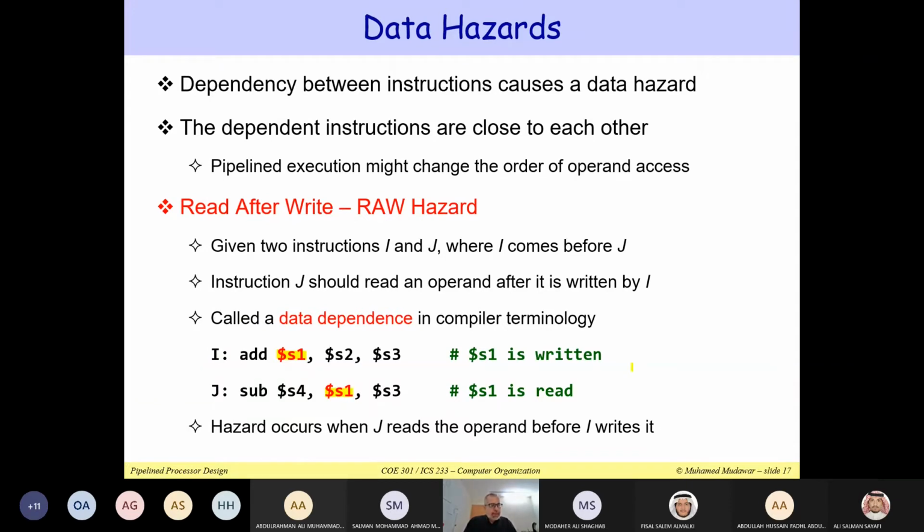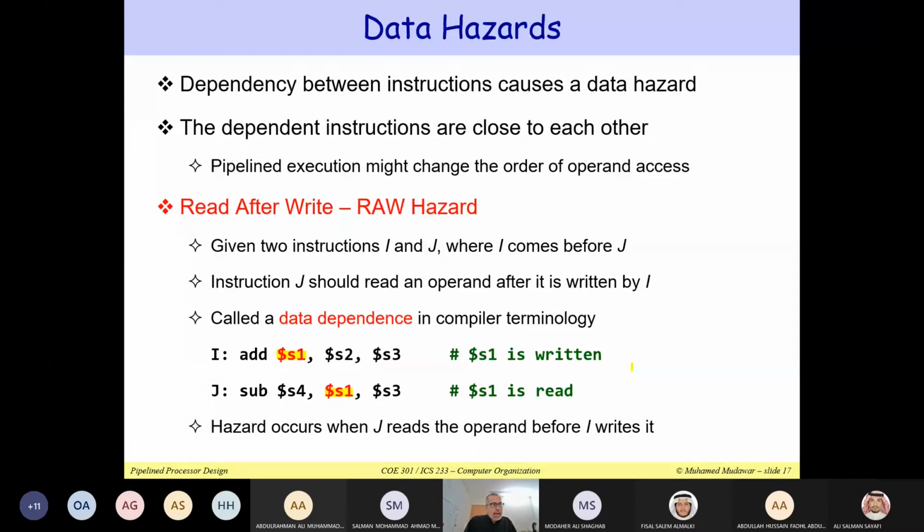So clearly here we have a data dependence. We say that J depends on the result of I. That's a data dependence, and this actually happens a lot in programming. When you are writing a program, you might have a sequence of 2 instructions in which the next instruction depends on the result of the previous one.